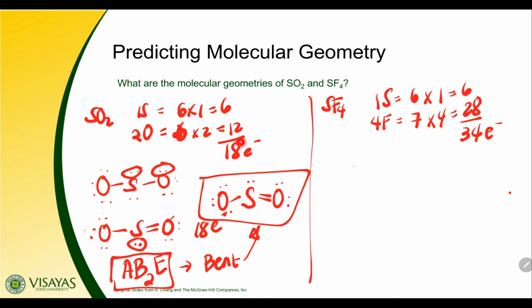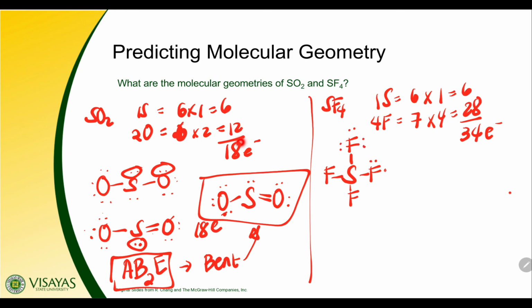So then we draw the skeletal structure with sulfur in the center, and we have our 4 fluorine atoms. Then we connect each with a single bond, and we complete the octet on the atoms. For fluorine, since we now have a single bond, we need 3 lone pairs or 6 electrons to complete its octet.